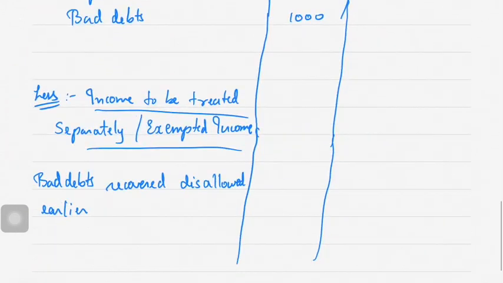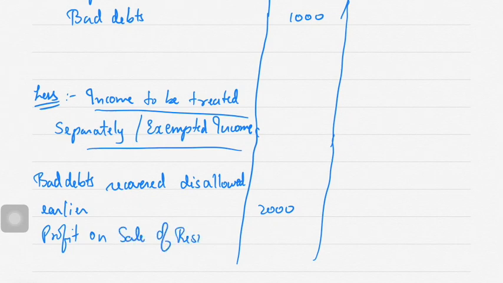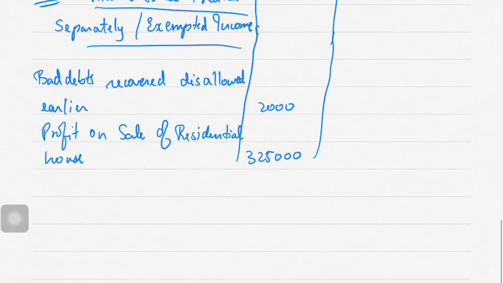Yeah, 2000. Next one was profit on sale of residential house. So profit on sale of residential house was 3,25,000.